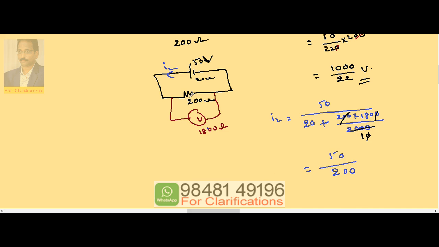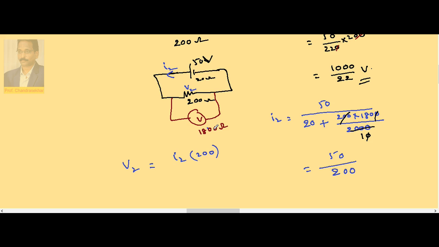Now potential difference across this one, V2 if I call, that is the voltmeter reading. V2 is equal to I2 into 200. So we need the potential difference across this one. Now 200 and 1800 are connected in parallel, so it is I2 into 180 ohms.